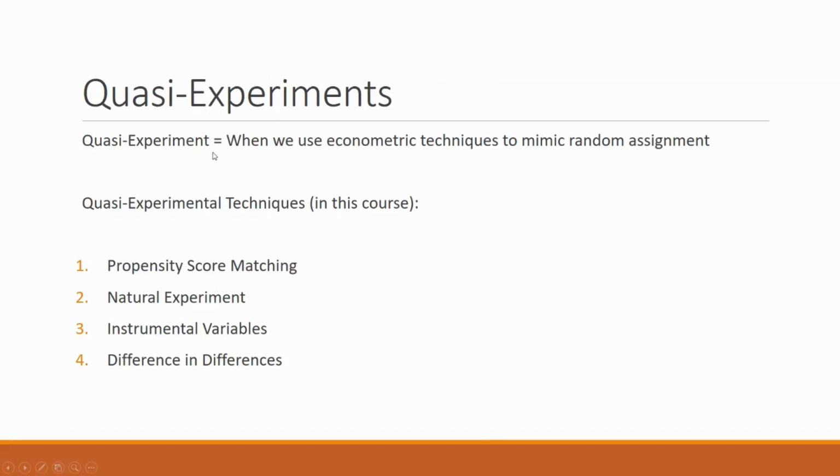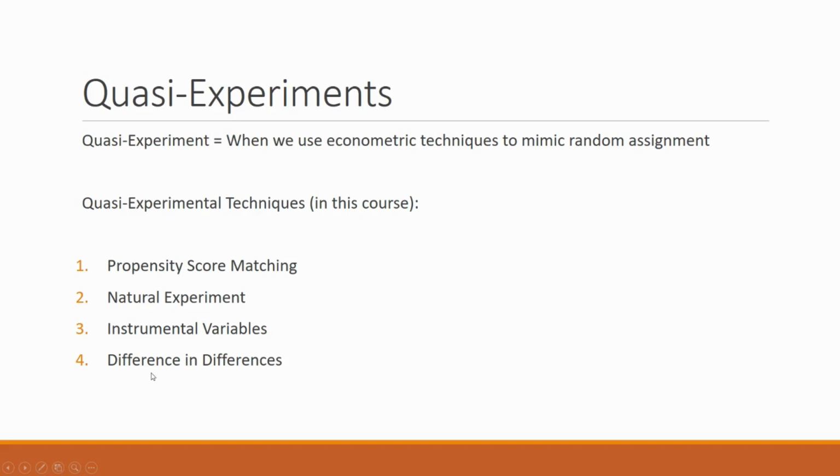So quasi-experiments use econometric techniques to mimic random assignment. The quasi-experimental techniques that we will talk about in this course will be propensity score matching. There's one technique. I'll talk about this today. Another technique is a natural experiment. Another one is instrumental variables. I'm going to talk about these two in the next lecture.